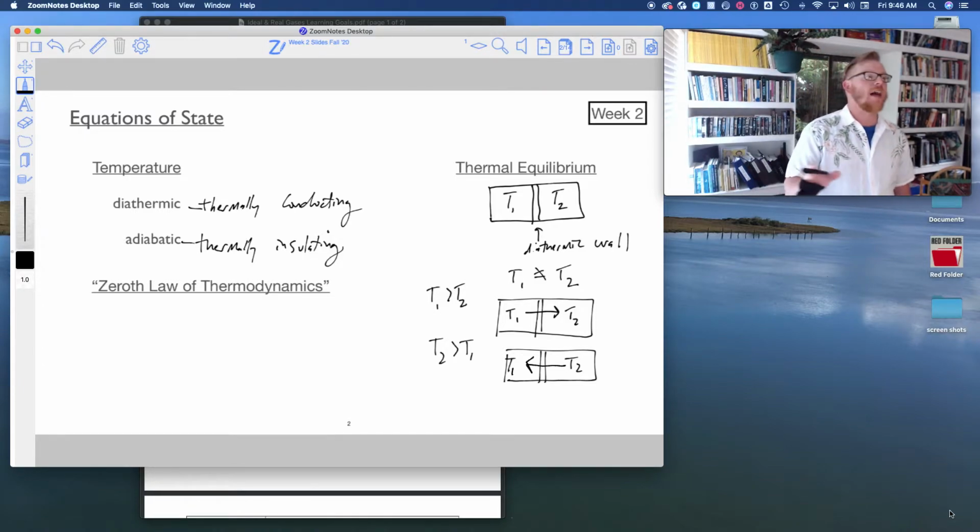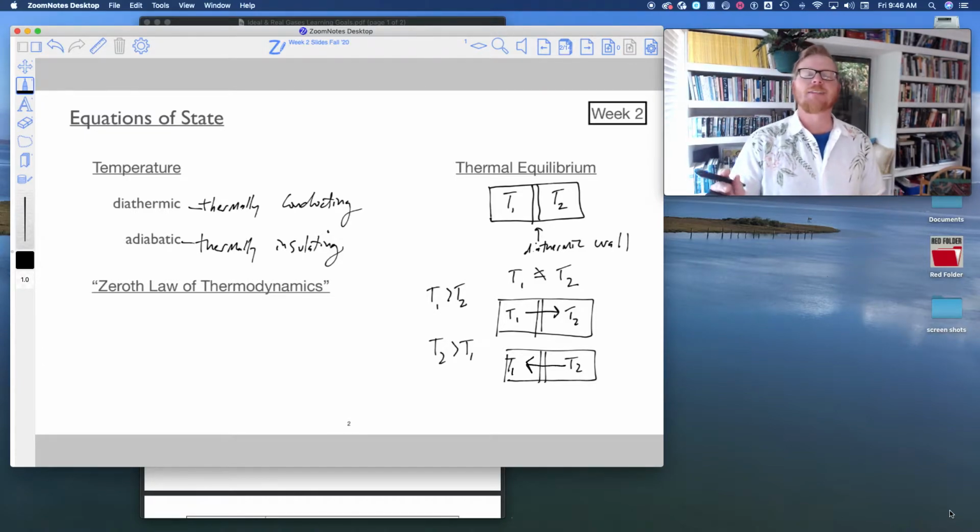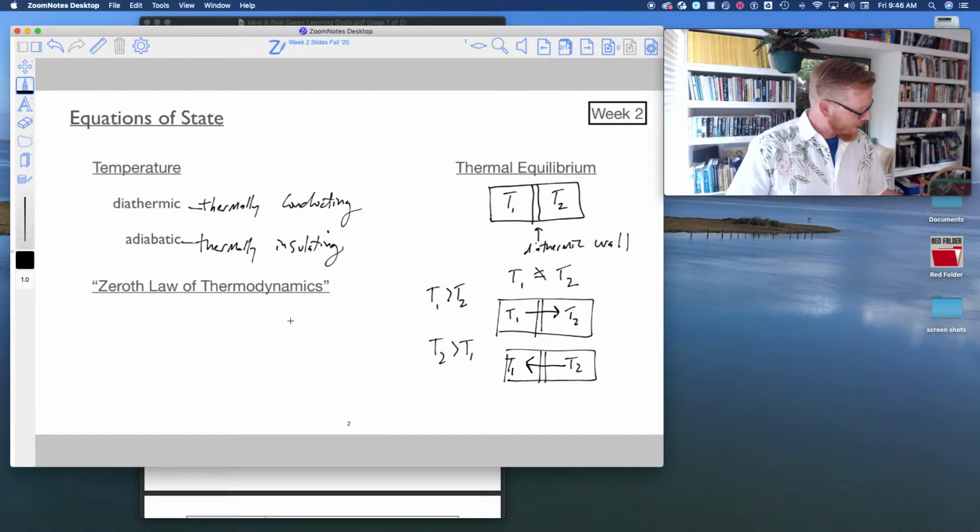So heat will flow from the hot object to the cold object, okay? That's always true. And this is what gives us the 0th law of thermodynamics. I'll read it for you and then I'll write it down, okay? If A is in thermal equilibrium with B, and if B is in thermal equilibrium with C, then C is in thermal equilibrium with A.